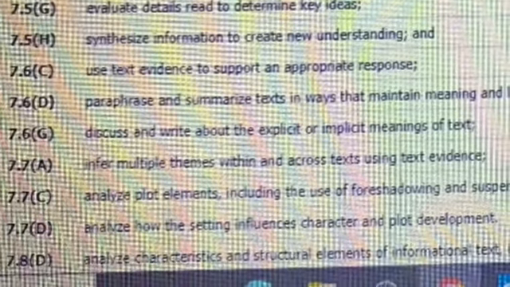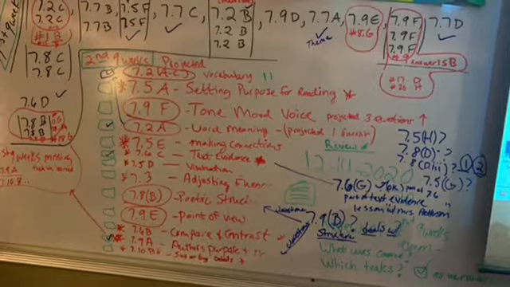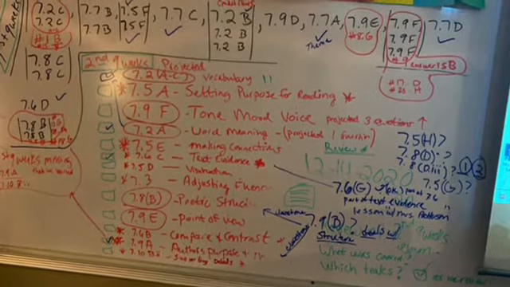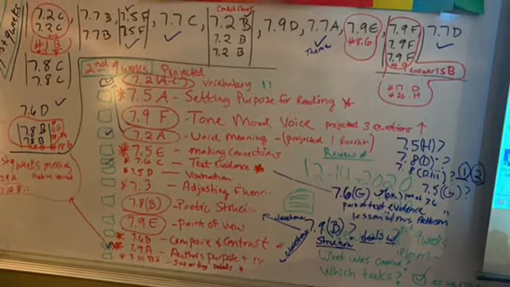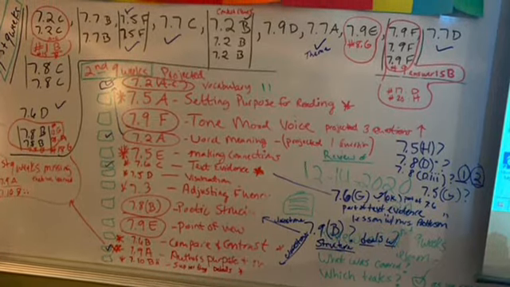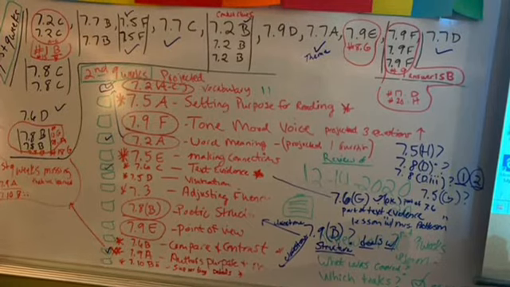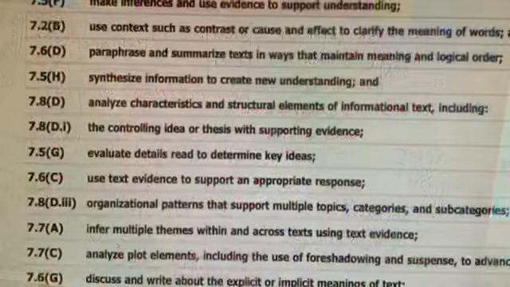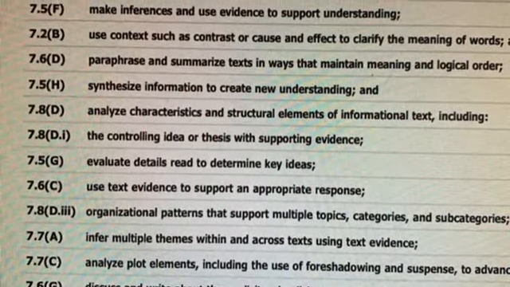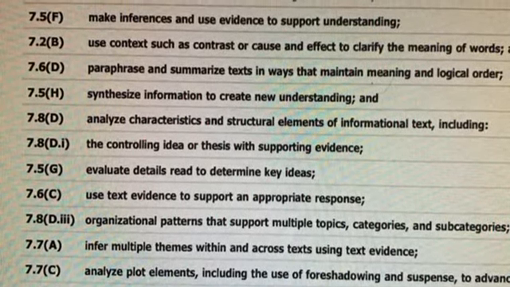These are all the learning TEKS. And remember the stuff on the board that I was showing you? I took a picture of that as well. It all correlates. The top one in black was from the first, the ones in red were from the second, and now I've gone back and put a check mark in blue. So all of these are the learning standards that are on that test.